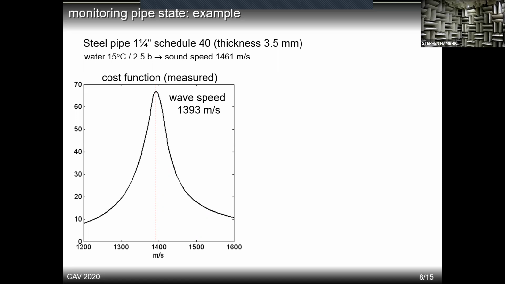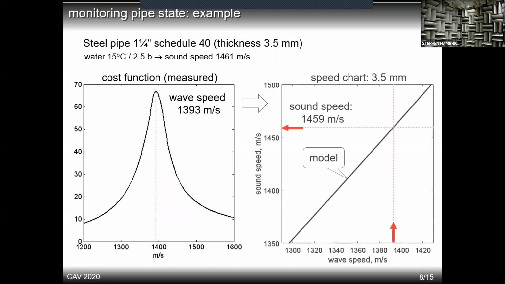Then we take our model, compute for the pipe which has 1.25 inch diameter, 3.5 millimeter thickness, made of steel filled with water. We can compute the relationship between the sound speed of the fluid and the wave speed.